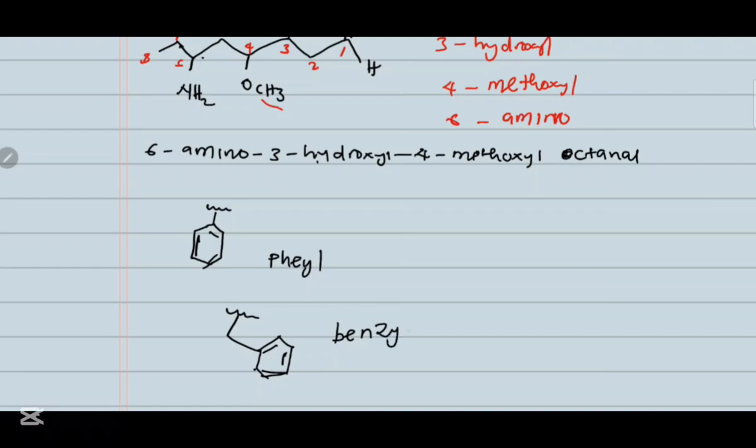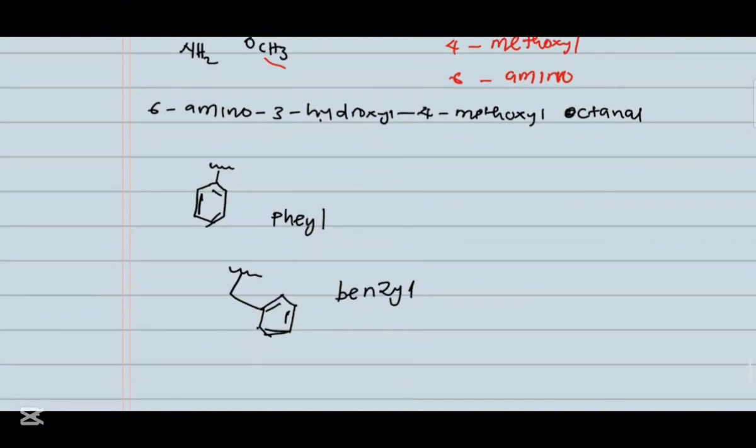According to pronunciation, some call it benzo, that's benzyl. So these are different things that you need to know by heart. If you see a functional group like that one, it is called phenyl, and something like that is called benzyl. Some say phenol, and others say benzo.